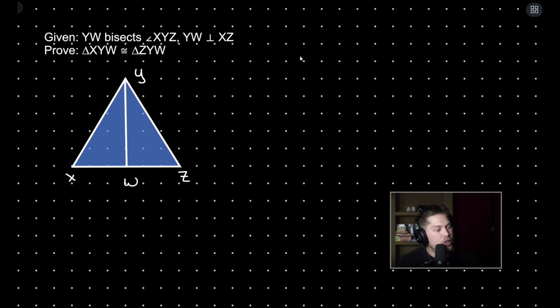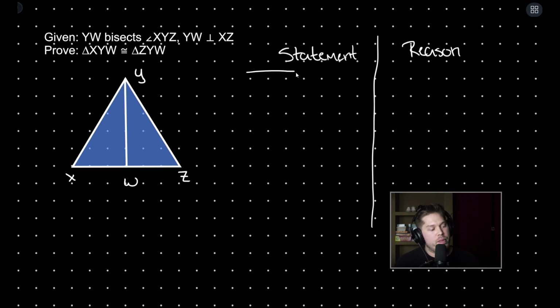Okay, so the 2-column proof system is what you're doing in your math class most likely, and that's where you have a statement side and you have a reason side. Okay, so and then you kind of make a tree and you fill in your proof.